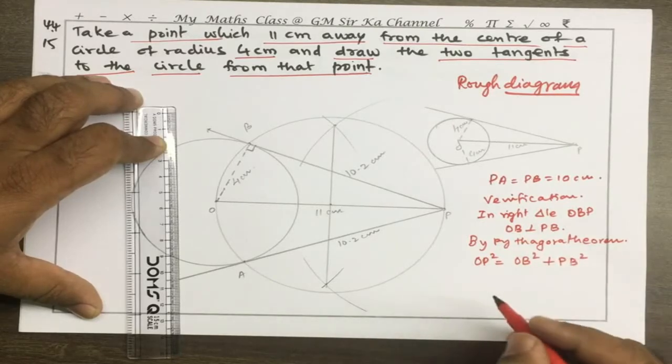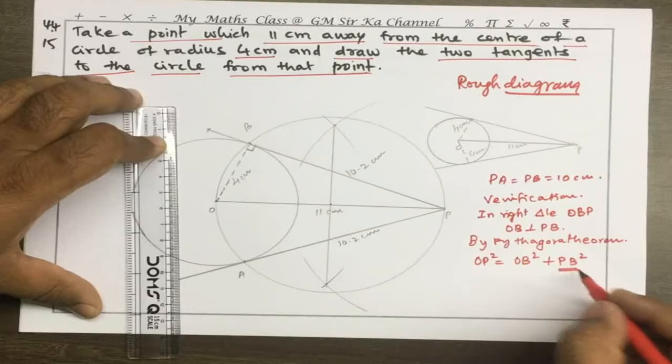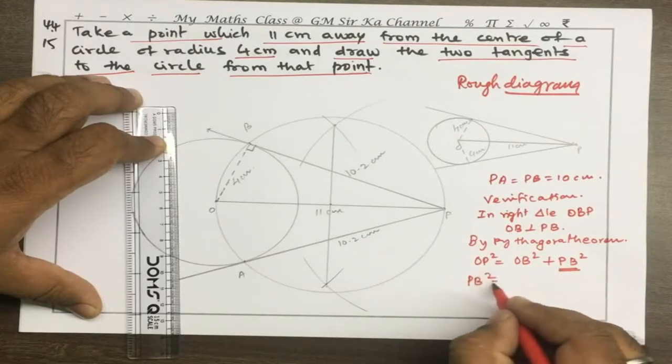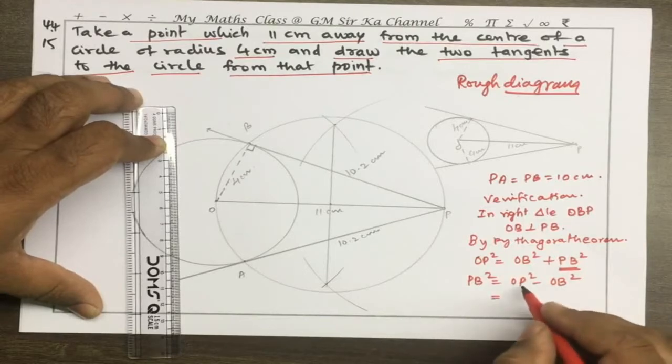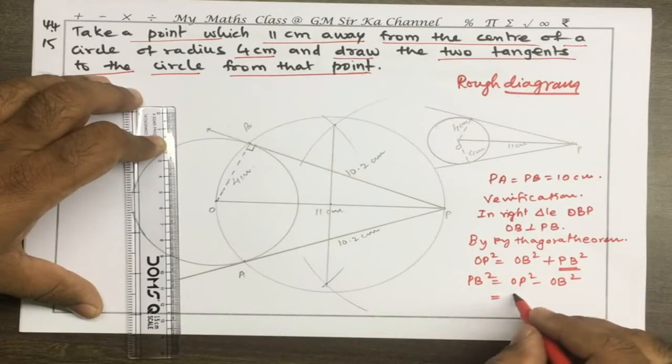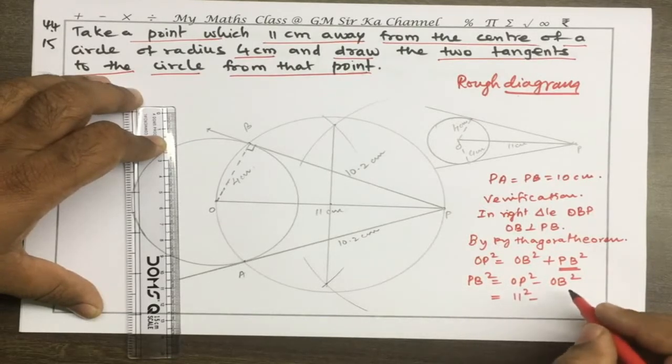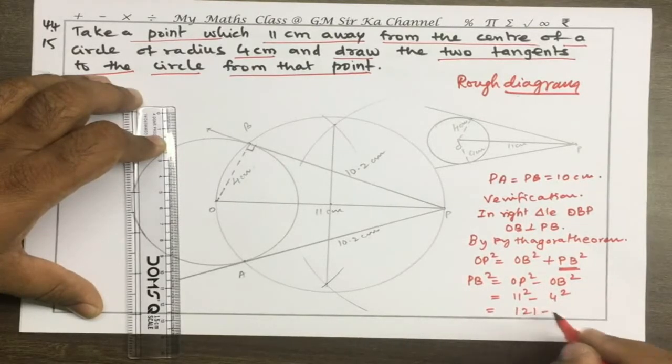We have to find PB. So PB square is equal to OP square minus OB square. OP square is 11 square minus OB square is 4 square, which is 121 minus 16, which is 105.